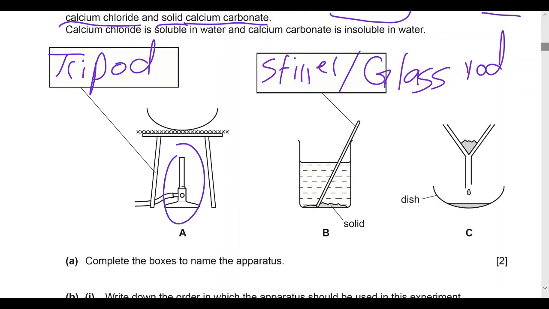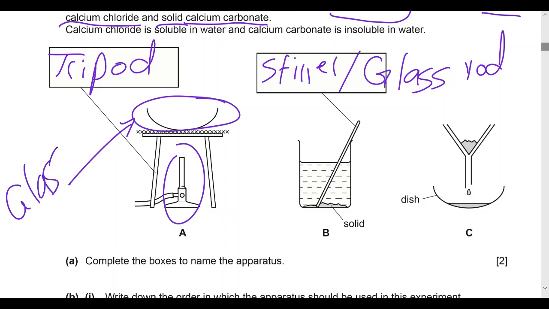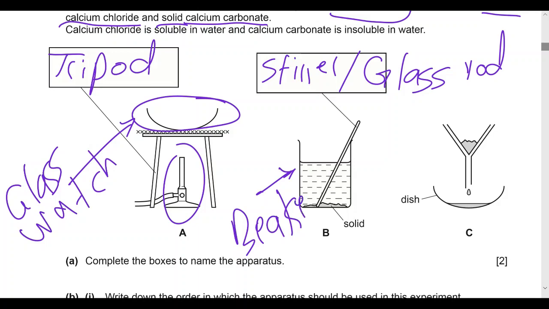Here you have a Bunsen burner. You have here a watch glass. These are extra watch glasses. Here you have a beaker. Here you have a funnel.